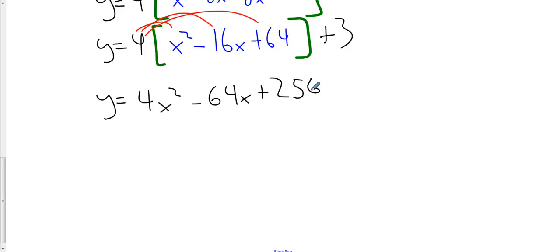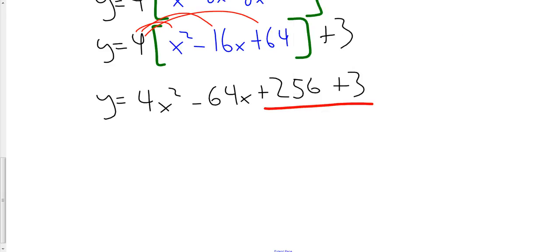Again, we still have to carry down this positive 3 because we haven't dealt with it yet. Now we're going to collect all of our like terms, and in this case, our like terms show up on the end.